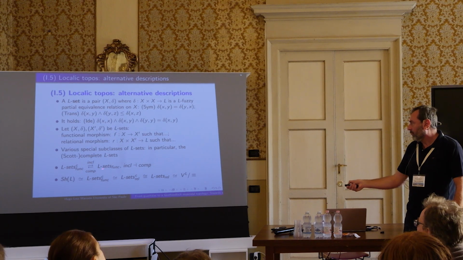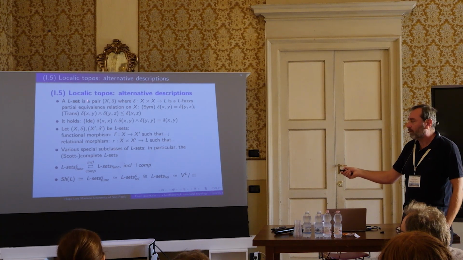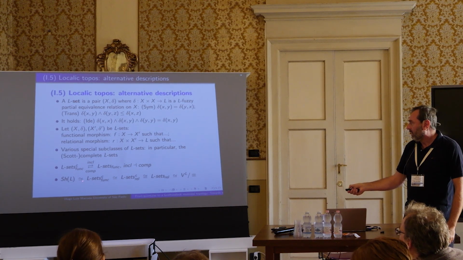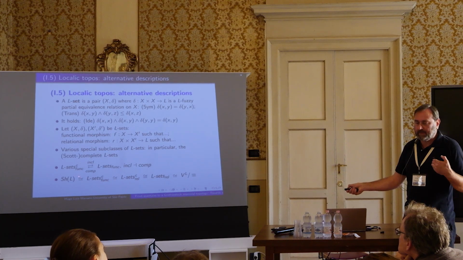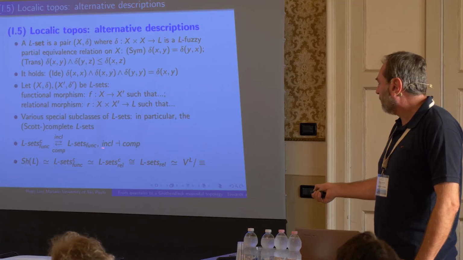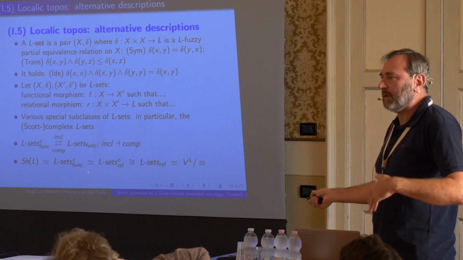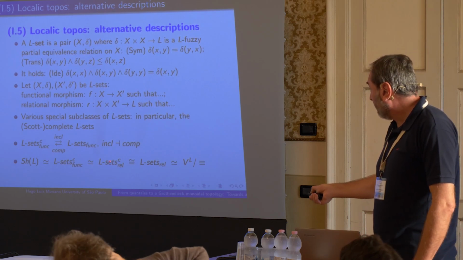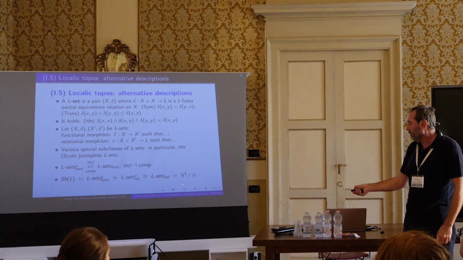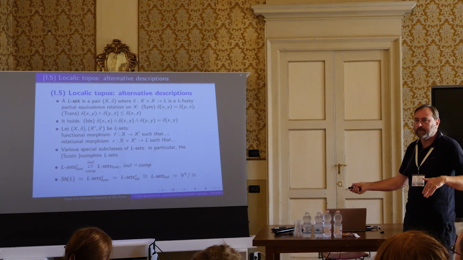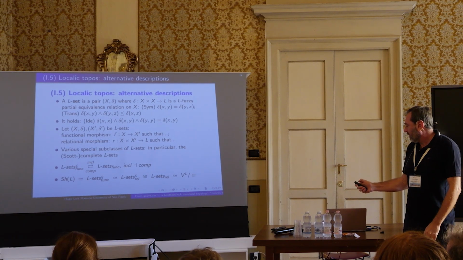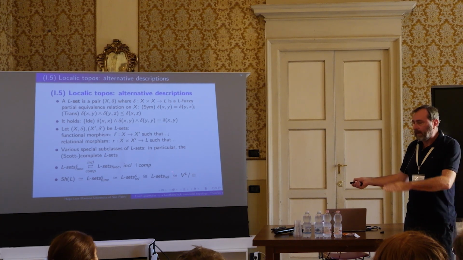And it's well known that the locality topos has many equivalent representations, like sheaves over the locale L, and the subcategory of L-sets that are Scott complete with functional morphisms, or the category of L-sets that are Scott complete with relational morphisms, or, and this is isomorphic, the category of all L-sets with all relational morphisms, and also a category that can be built from the expansion of the universe of sets by the locale and taking some quotients.